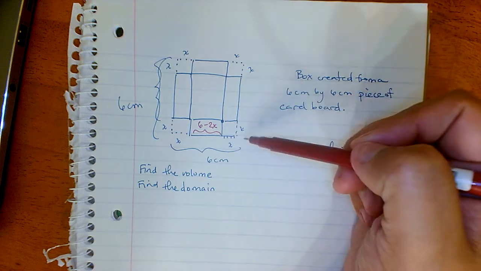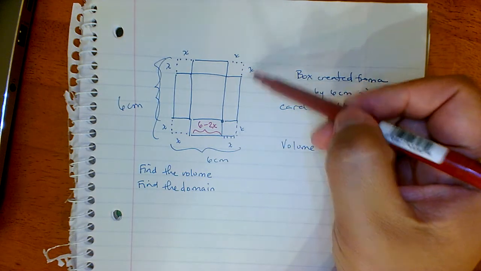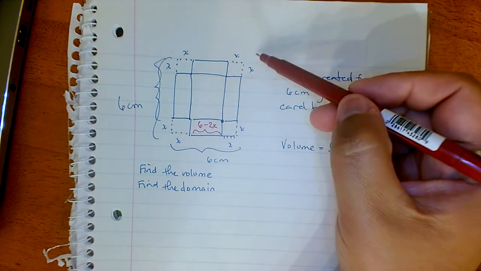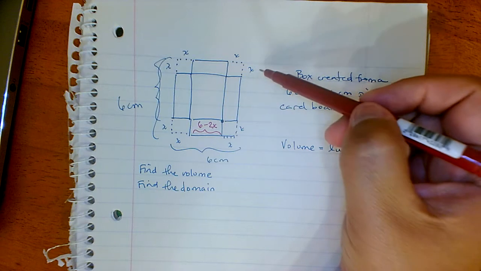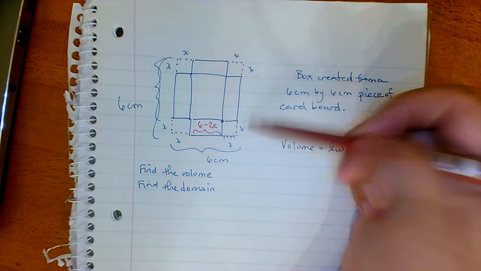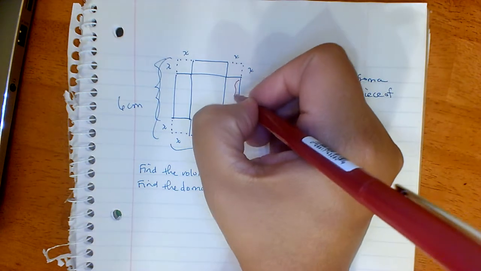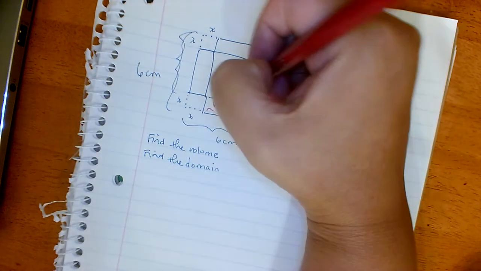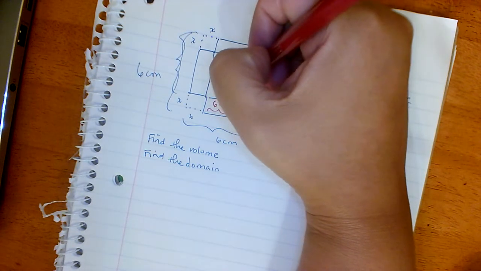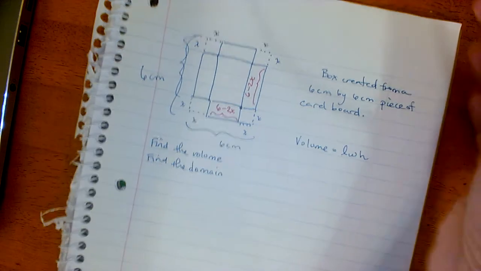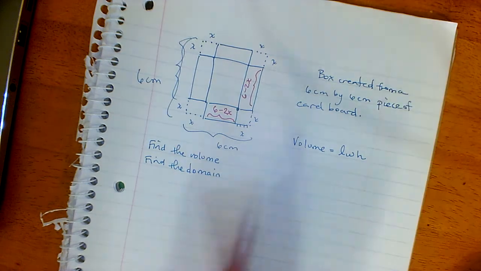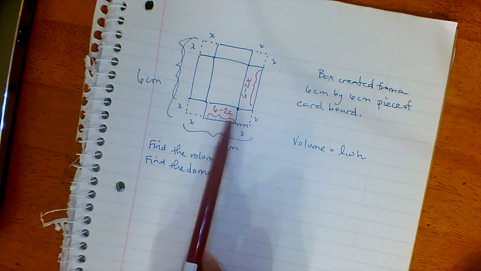And the same thing is going to happen here, because again, originally my piece of cardboard was 6 centimeters from top to bottom. I cut off an x at the top and an x at the bottom, which means this flap here that we've created for our box is also going to be given to us by 6 minus 2x, whatever x happens to be. So I'm going to have a length of 6 minus 2x.